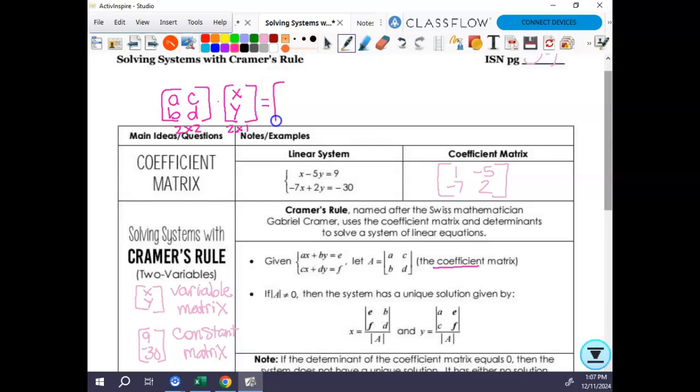So that ends up giving me my constants, which is 9 and -30 here, but E and F here. So think about how you multiply a matrix, right? I'm going to take AC and multiply it by XY. So that would give me A times X plus C times Y.